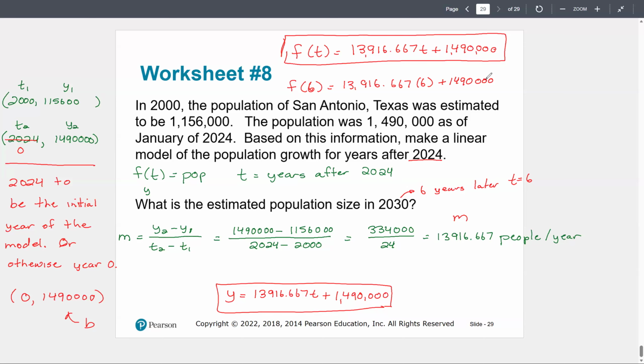So let me see, 13,916.667 times 6 plus 1,490,000. That should give us a population of 1,573,500 approximately. So this is what our guess of the population is going to be in 2030.